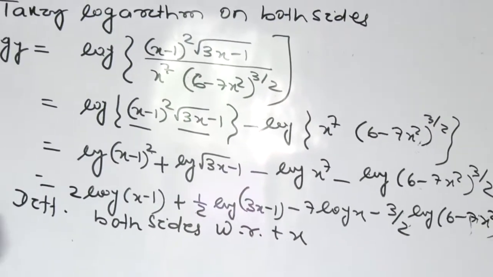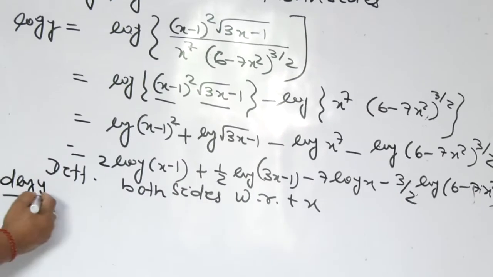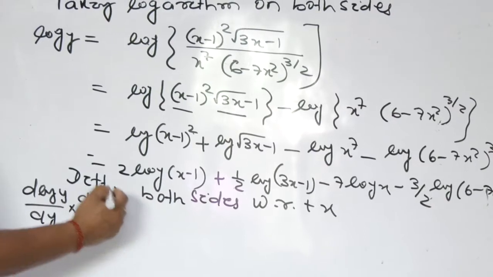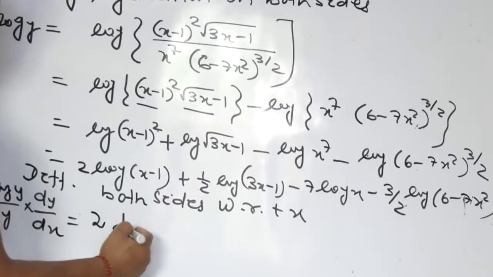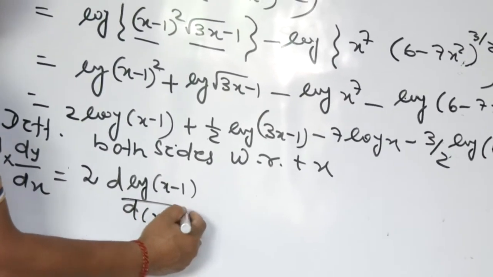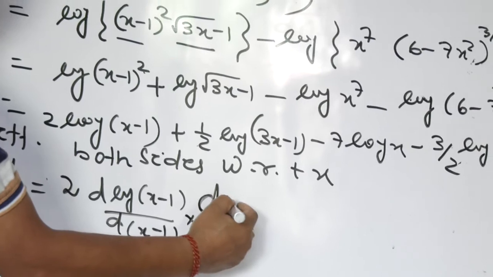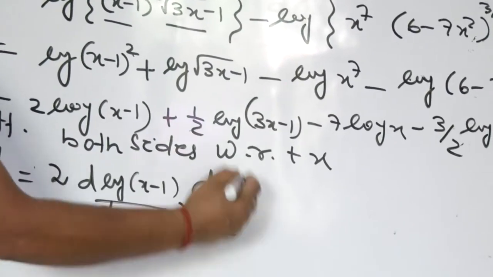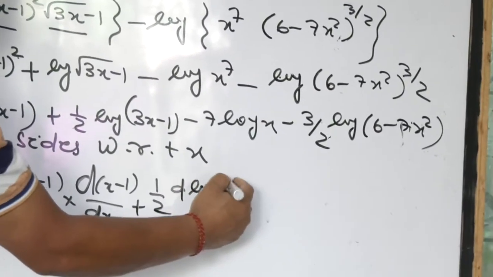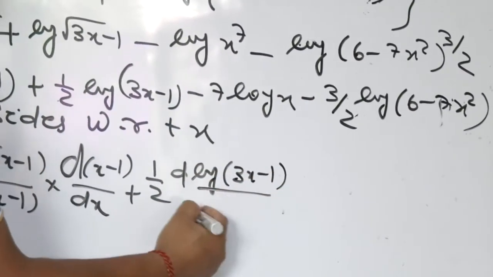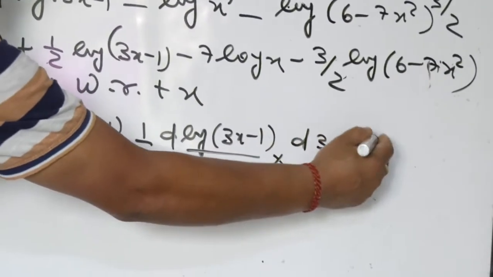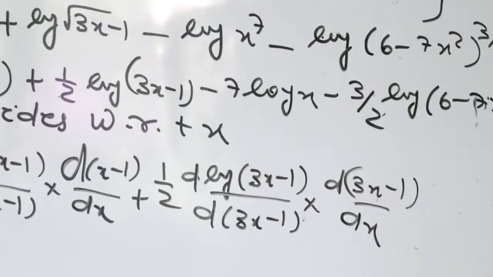That is derivative of log y with respect to y into dy by dx equals to 2 derivative of log (x minus 1) with respect to (x minus 1) into (x minus 1) with respect to x, plus half constant derivative of log (3x minus 1) with respect to (3x minus 1) into (3x minus 1) with respect to x by using chain rule.